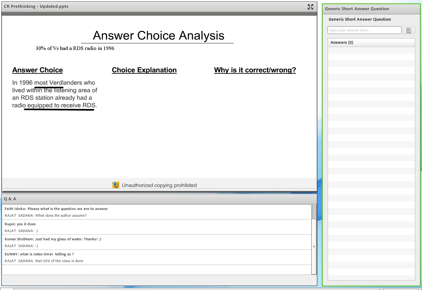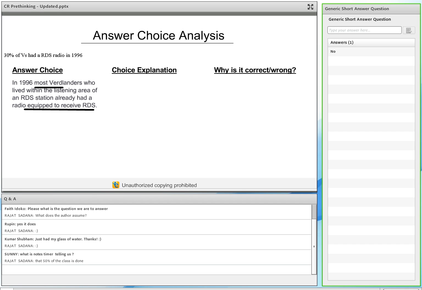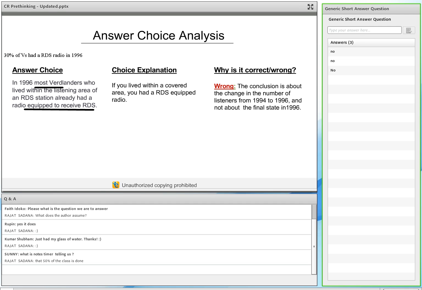Remember, most means more than 50. No, it won't. So this word most is not required. The conclusion is about the change in number of listeners from 94 to 96. If 30% were there in 94, 30% should remain in 96. It is not required that most people have the right kind of radio for this conclusion to hold true.